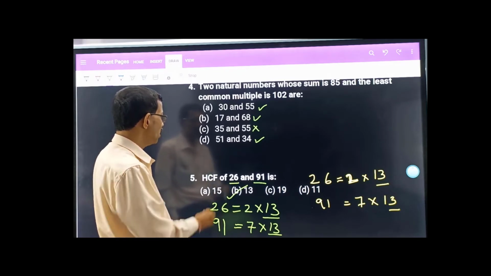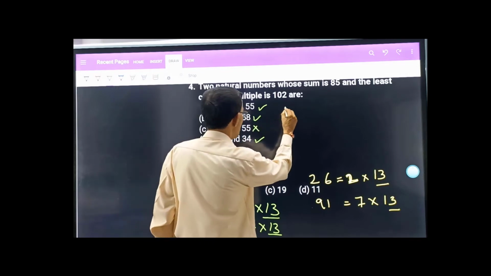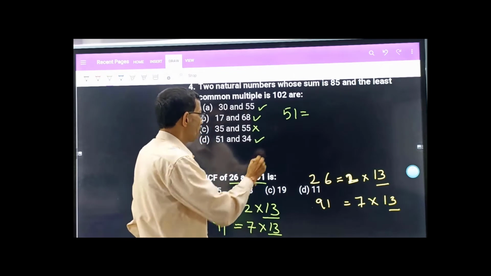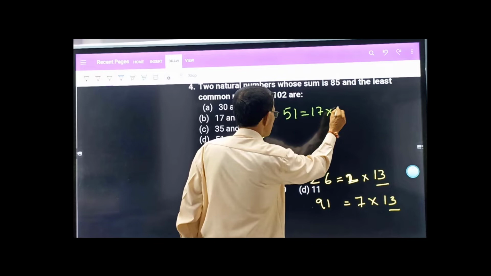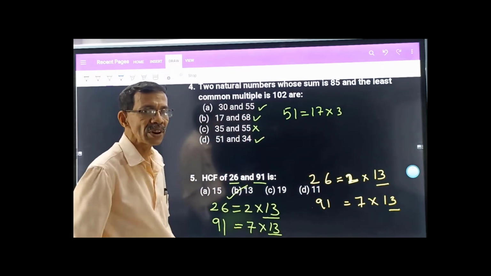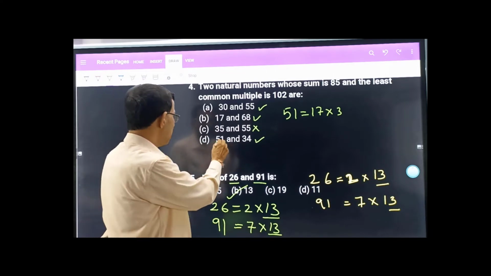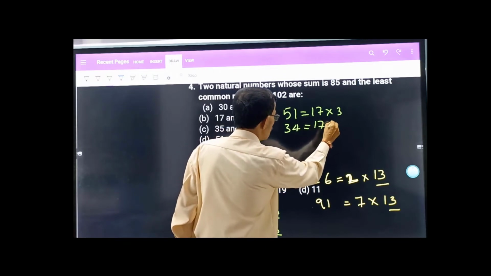We'll take the example D first. So we have 51, which is equal to 17 into 3, where 17 and 3 are prime numbers, and then we will take 34. 34 is 17 into 2.